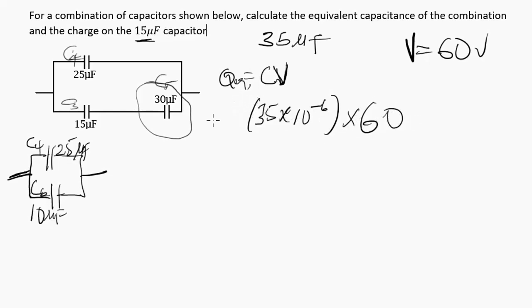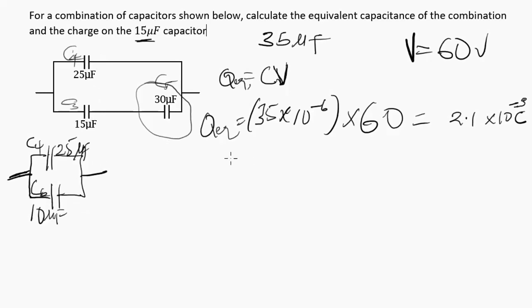The equivalent charge here will be this times 60, and this will ultimately give us 2.1 times 10 to the power of minus 3 coulombs.